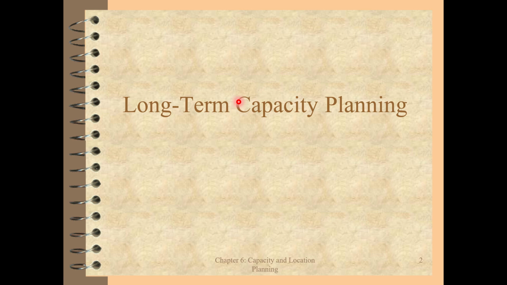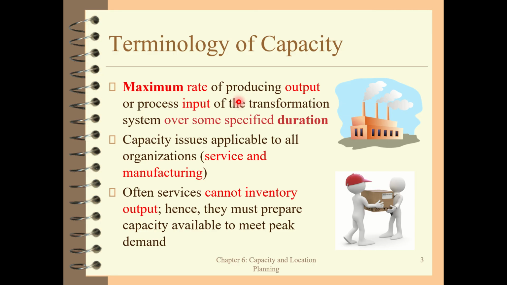Today we are going to discuss capacity planning, which is the last lesson before the midterm examination. First of all, I would like to give you the terminology of capacity. Capacity means the maximum rate of producing output or processing input of the transformation system over some specified duration.